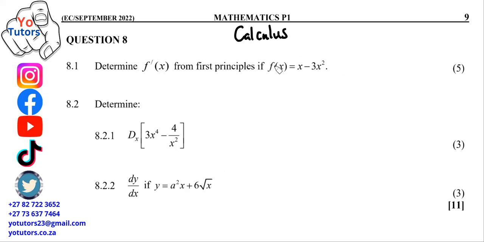Now, a hint that I want to give you guys is that when you are looking for the derivative using first principle, you must use the general rule that we always use, the simple one.